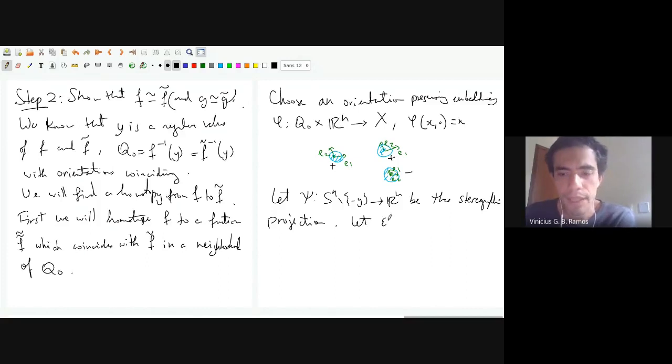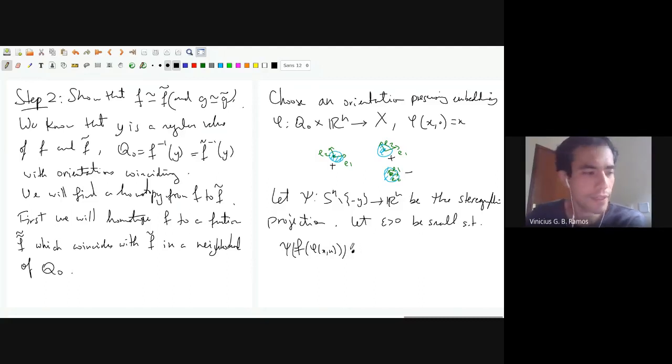And let epsilon 0 be small, such that when you look at f of phi of xu, and when you take psi of that, and you take the inner product with u, this is bigger than 0 for u less than epsilon and bigger than 0. Okay, so you can always do that. And the same thing for f tilde.